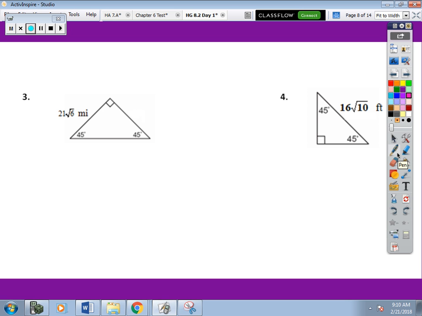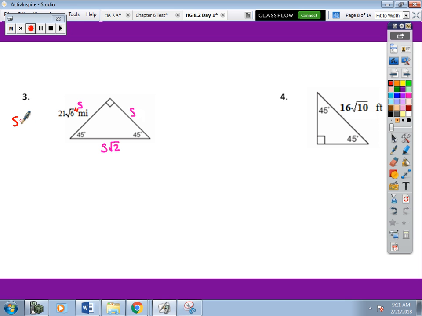All right, the next one, we see that this has been flipped around. Again, remember that the S's go on the legs. The S root 2 will go on the hypotenuse. So in this case, they actually tell me what S is. You create an equation with the variable and the number they give you.